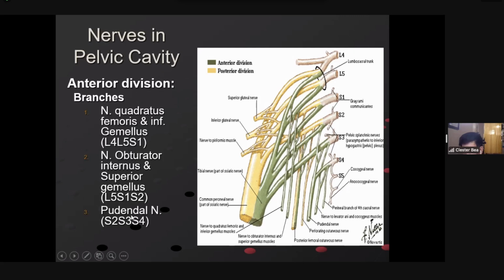You can locate the pudendal nerve or its approximate position by palpating for the ischial spine when you do an internal examination.